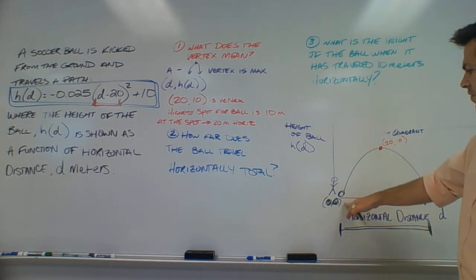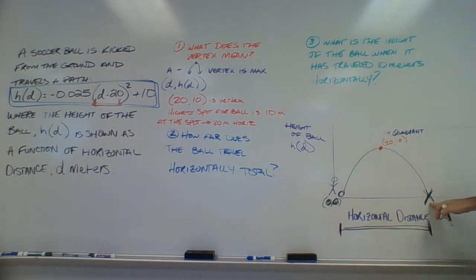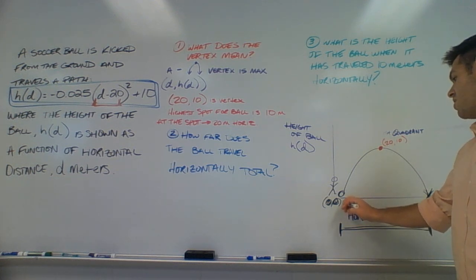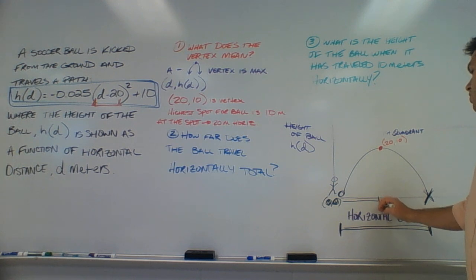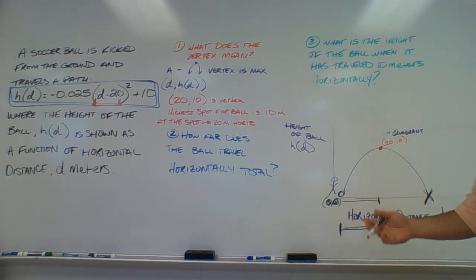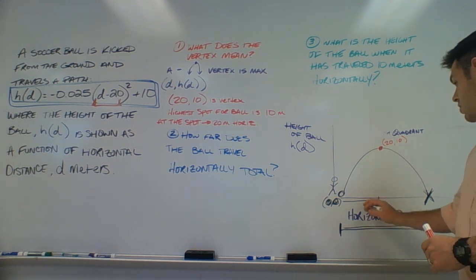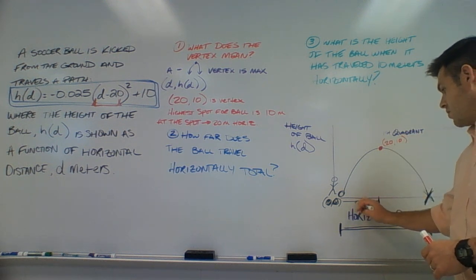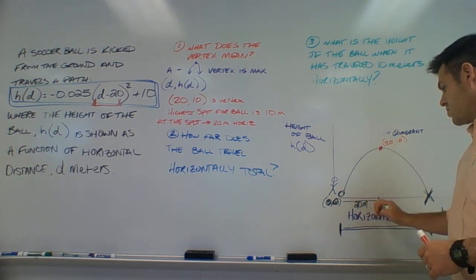On our graph here, this certainly looks like we've hit the ground, and since we're hitting the ground, that is acting as our x-intercepts, or our roots, or our zeros for this problem. From the start point to the midpoint of the traveling of the parabola here, horizontally speaking, it's 20 meters.